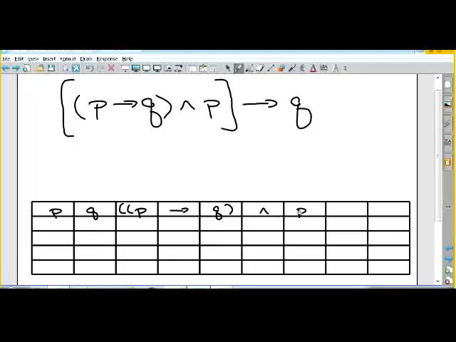So we have that part, then AND P, and then our conditional Q. That's the logic statement for our argument. We fill out the first 2 columns normally. Then we copy down the columns that are involved in the actual logic statement. They're all just P's and Q's, so we just copy down the P and the Q columns.